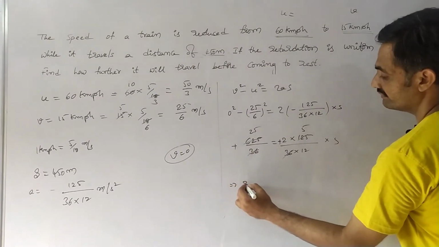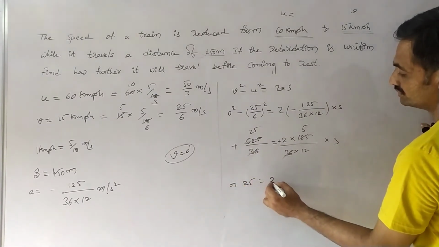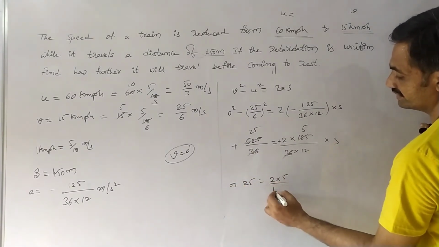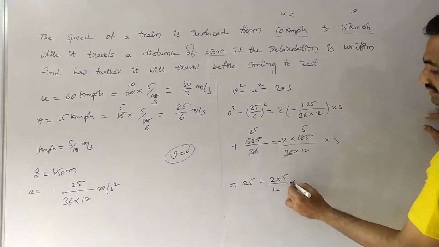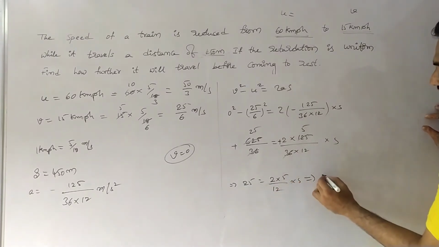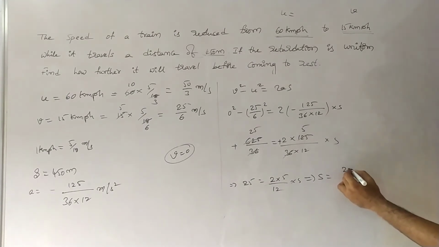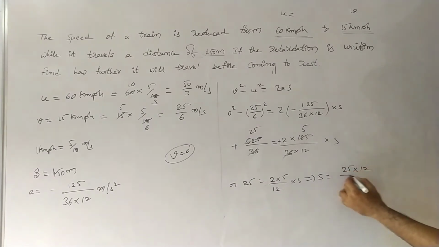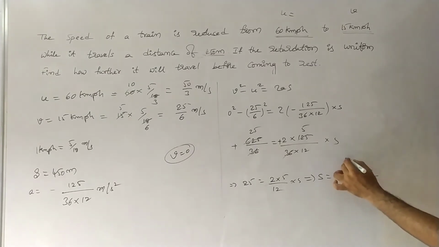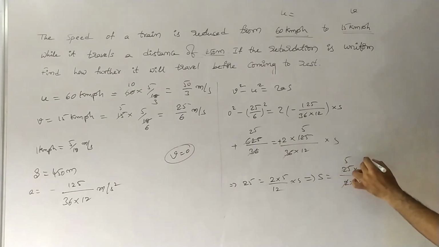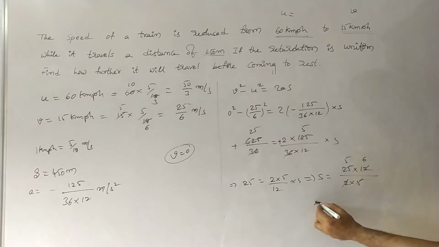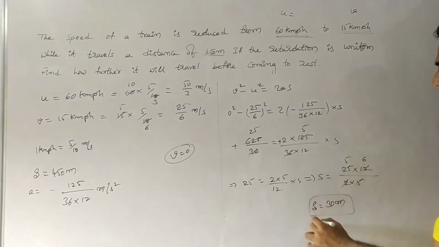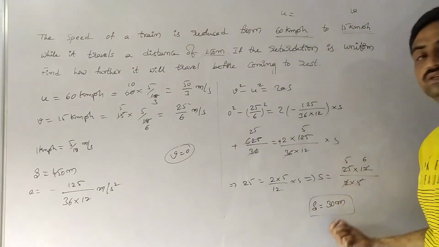We have 25 equals 2 into 5 by 12 into s. Based on that, we can write s equals 25 into 12 by 2 into 5. So here 5 is 5, 2 6s are 12, 5 into 6 is nothing but 30. So we get s equals 30 meters. So the distance traveled by the body after retardation is 30 meters.